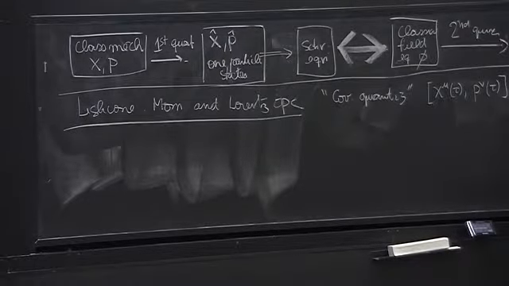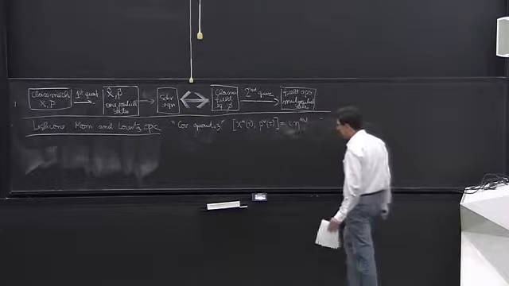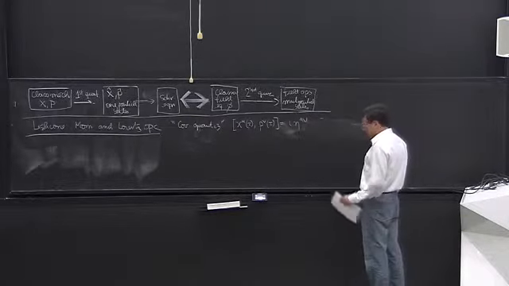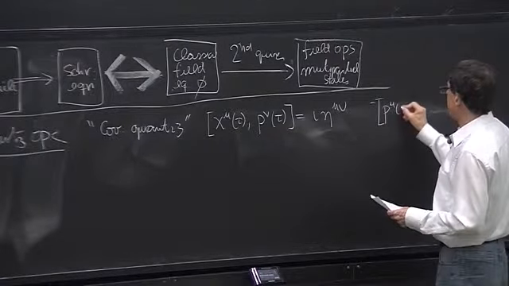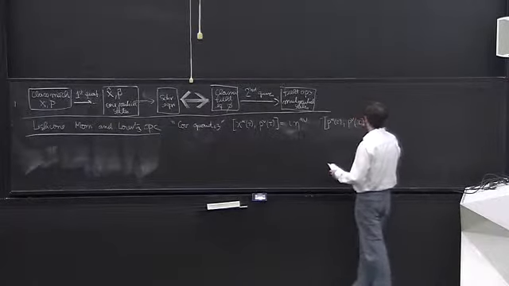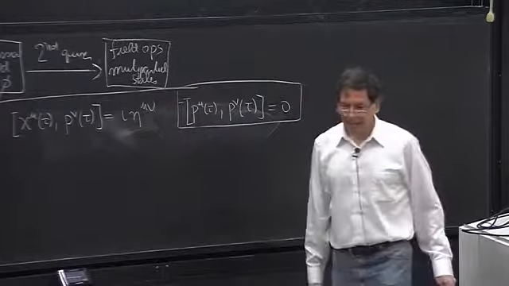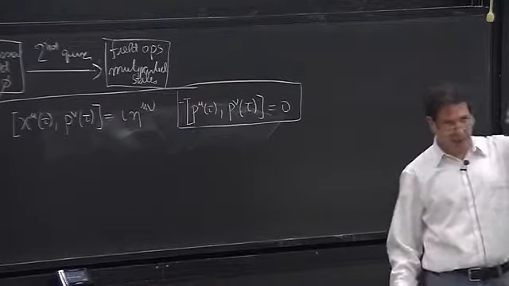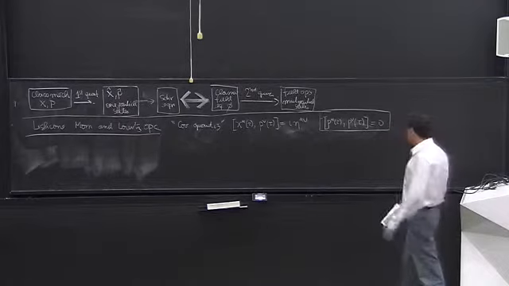It's a funny thing, but nevertheless, in covariant quantization, you would write this. And you would also say that p mu of tau, p nu of tau, the momenta commute and the coordinates commute, but in particular, the momenta commute. Now, if momenta generate translations, they better commute.